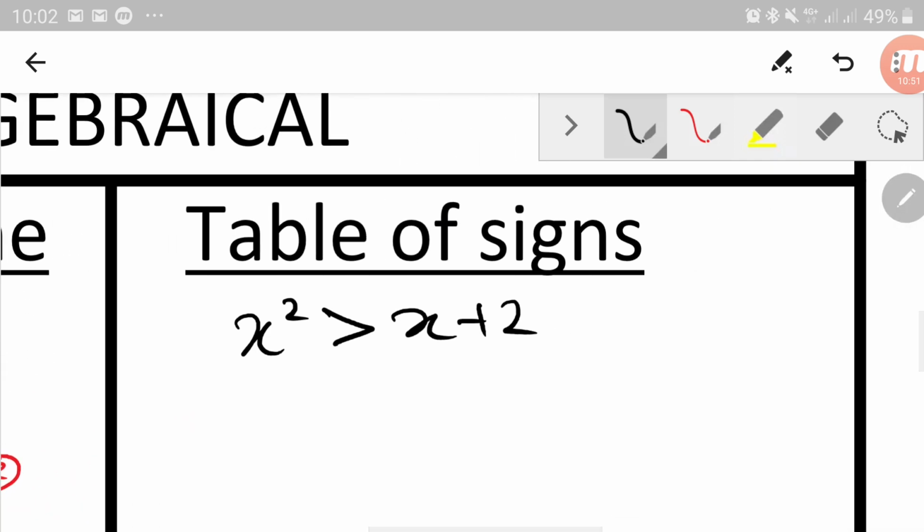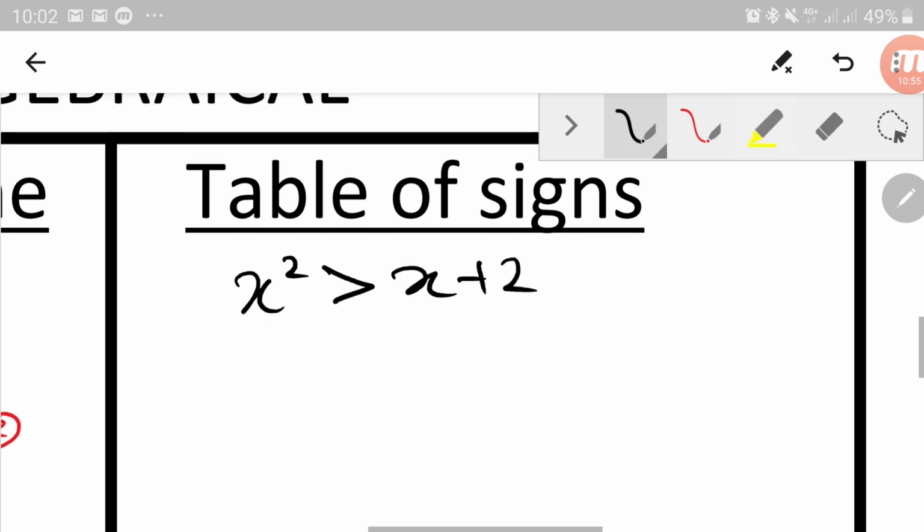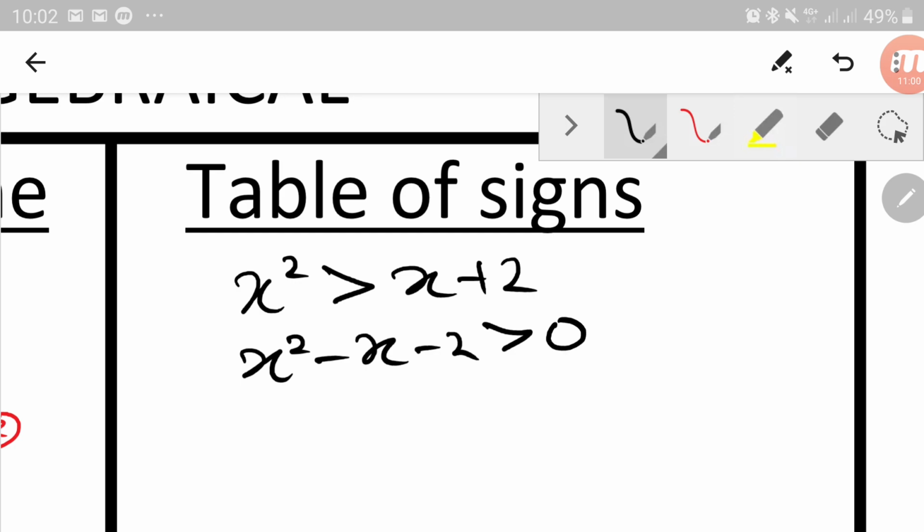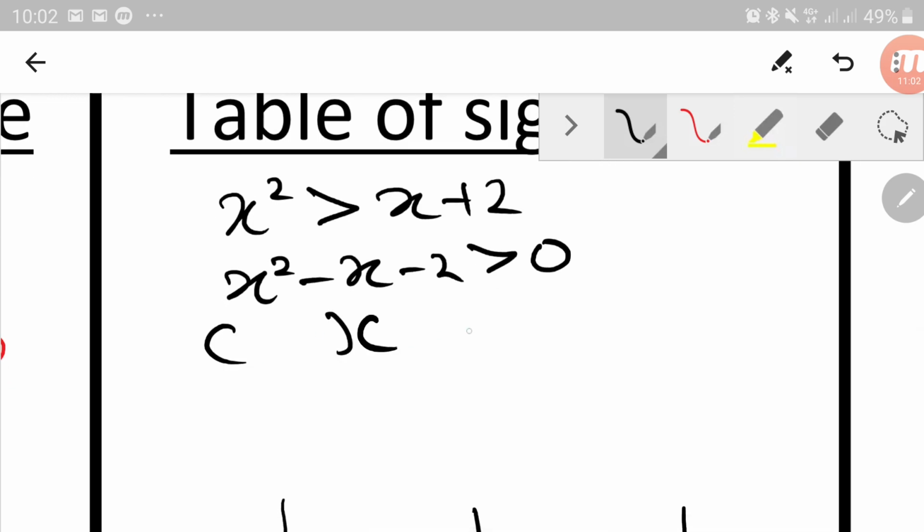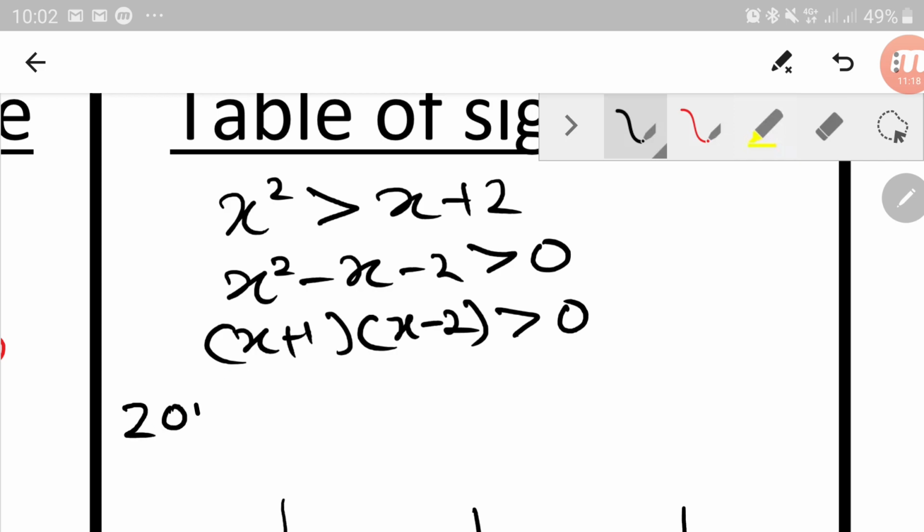Last but not least, it is a table of signs. More or less the same process. Greater than 0, and then (-1 - x)(x + 1)... in this case, we need to find what we call ZOF or CV.